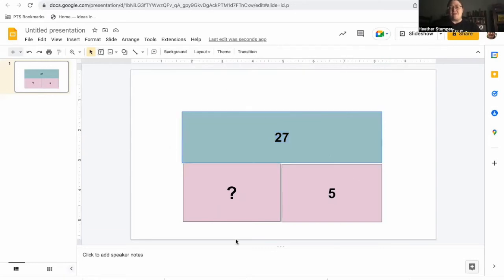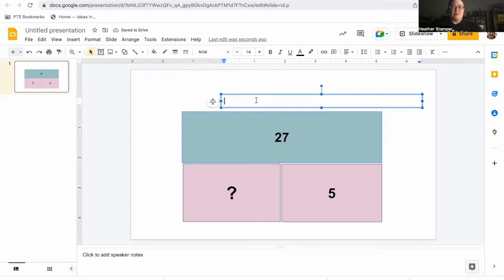So now that I have it set up, how do I go about solving it? Well, I can do one of two things. I can do question mark plus 5 equals 27, or I can do 27 minus 5 equals question mark.